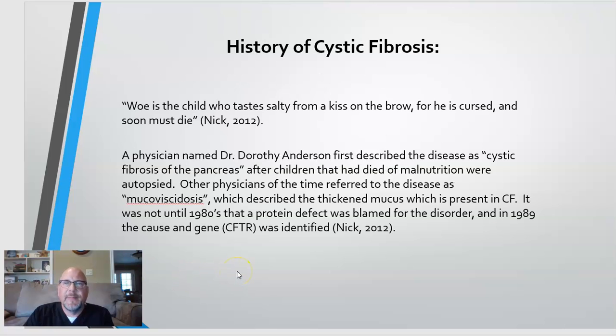The history goes back a little bit. I found an interesting quote from the Middle Ages that said, "Woe is the child who tastes salty from a kiss on the brow, for he is cursed and soon must die." So you would wonder, why would one of these kids have extra salt on their skin? And this is exactly what happens when we produce sweat.